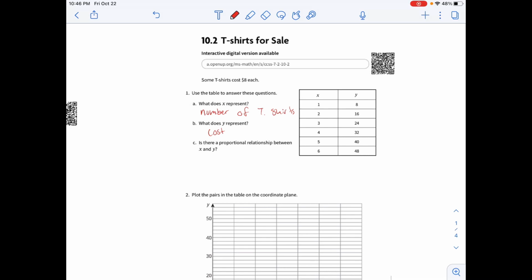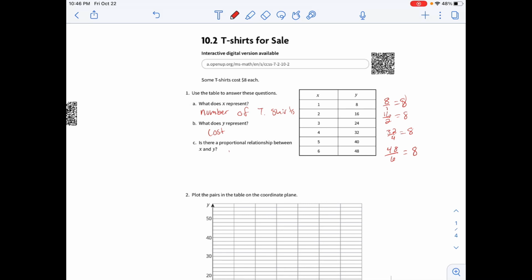Well, you just take Y divided by X to see if that's true. 8 divided by 1 equals 8. 16 divided by 2 equals 8. 32 divided by 4 equals 8. 48 divided by 6 equals 8. And if you do it for 40, 24, you'll see that they all equal 8.